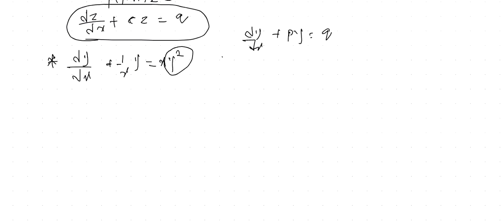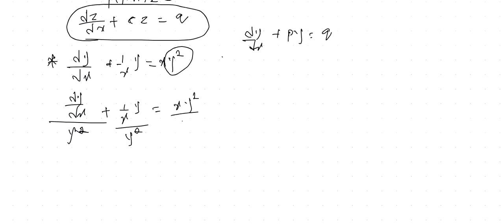So first of all, I have to remove this y squared. So what do we do? We divide both sides by y squared. So dy/dx divided by y squared, then plus 1 over x y divided by y squared, which is equal to x y squared divided by y squared.